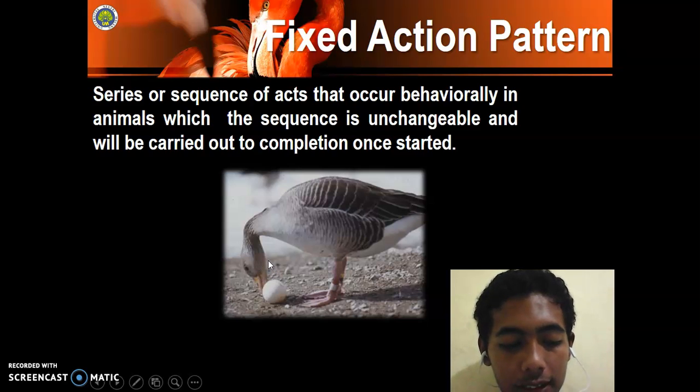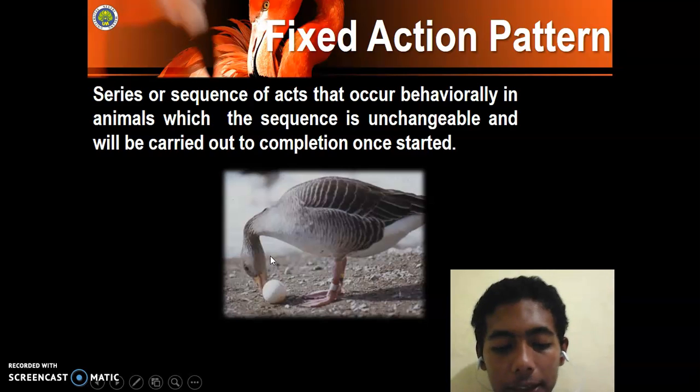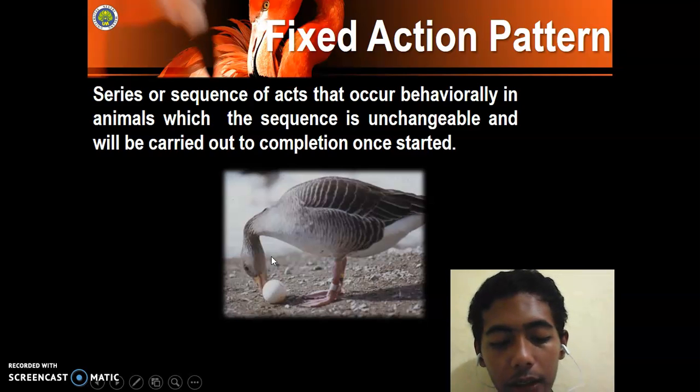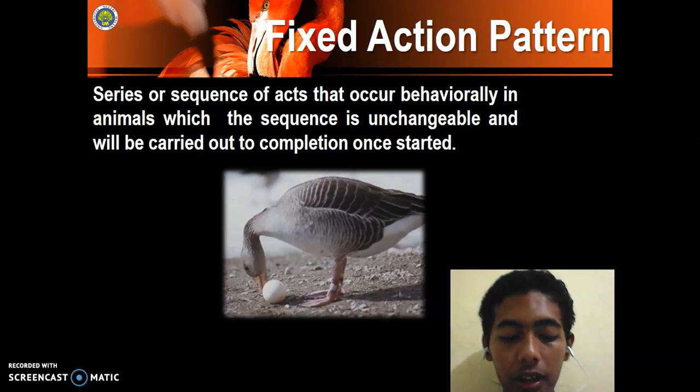The stimulus is the appearance of an object near the nest. If the goose loses the egg during the retrieval process, it stops the head motion but continues the pulling motion to retrieve it.